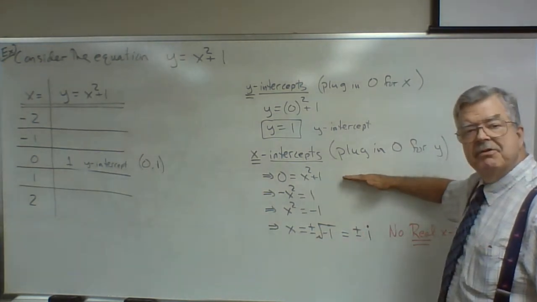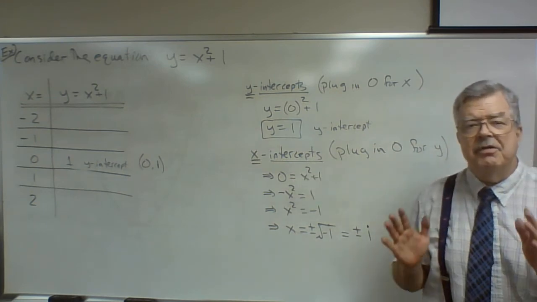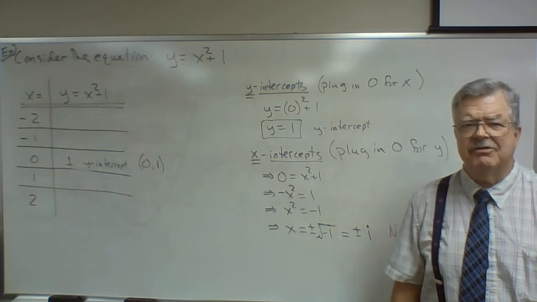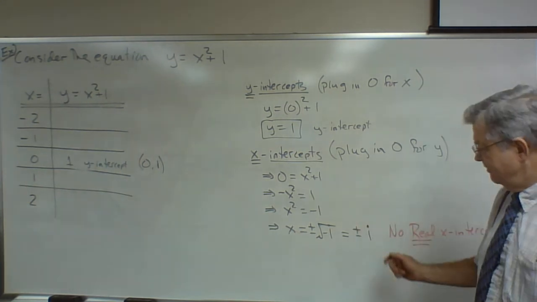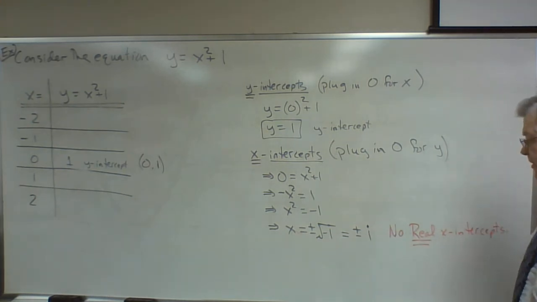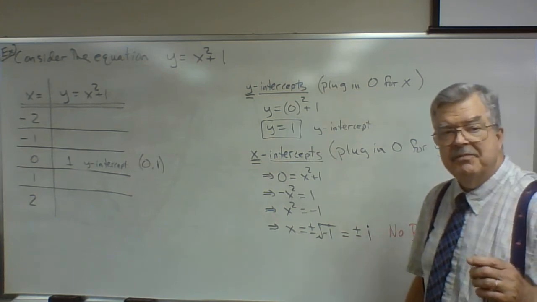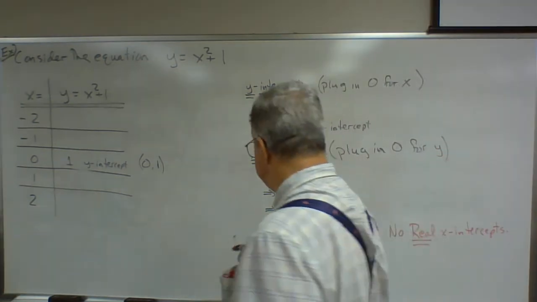It's a copy of the real number line laid out horizontally. So the only points on the x-axis that we have are real numbers. This is not a real number. So in the xy plane, there are no x-intercepts.